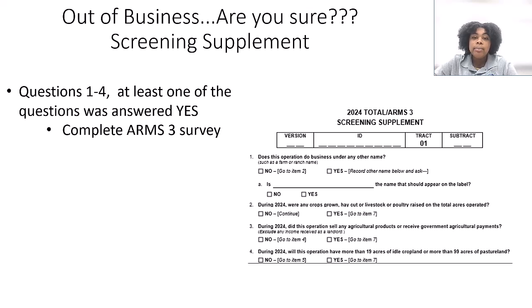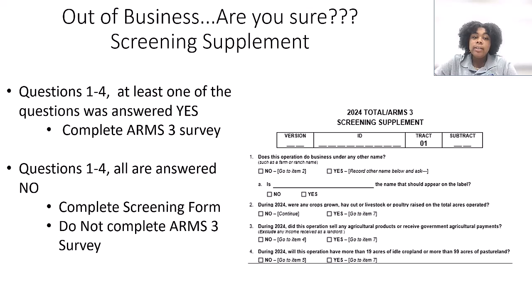If the target was in business at any time during the reference survey year, you will need to obtain as much information as you can for the time that the target was in business, and NASS will consider this operation as still in business for the purpose of the reference survey year in this ARMS 3 survey.